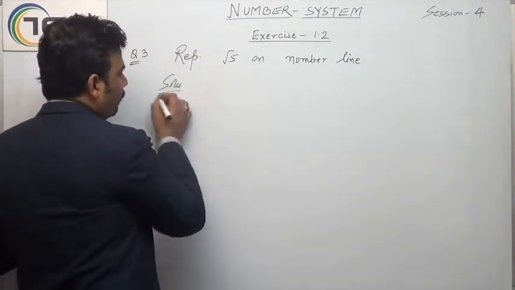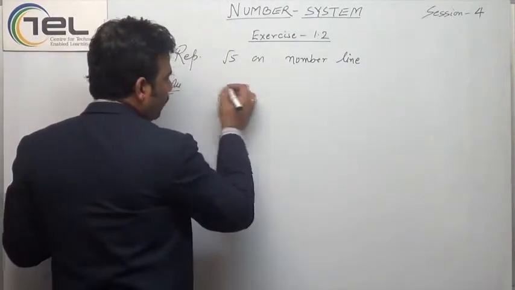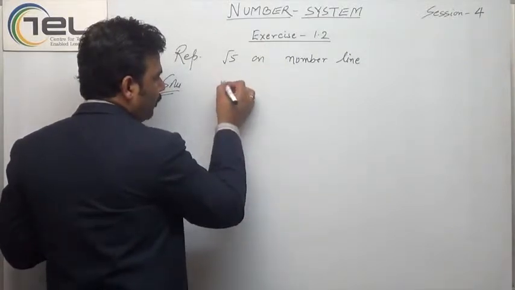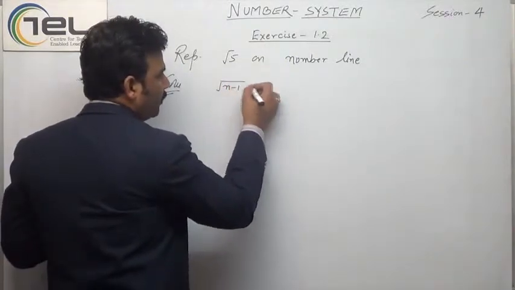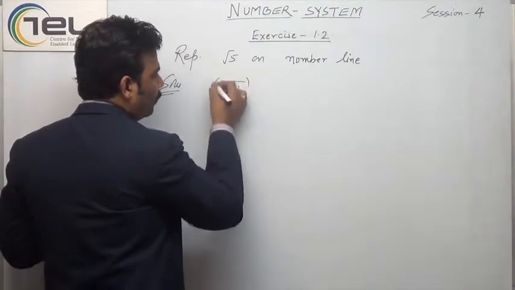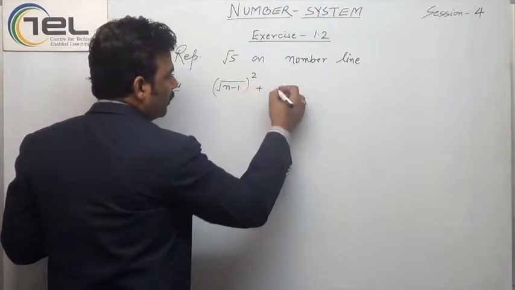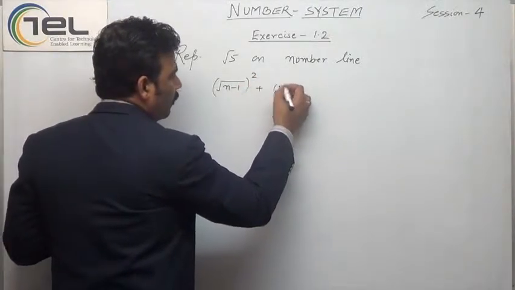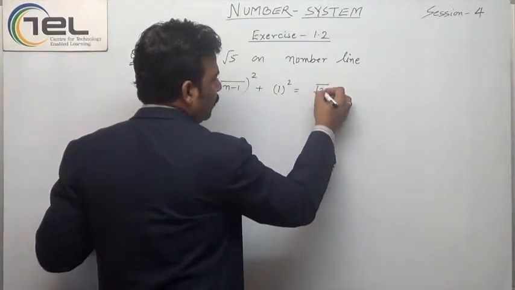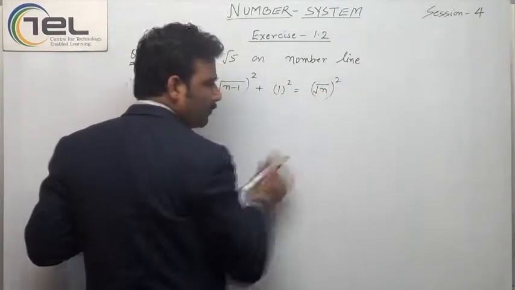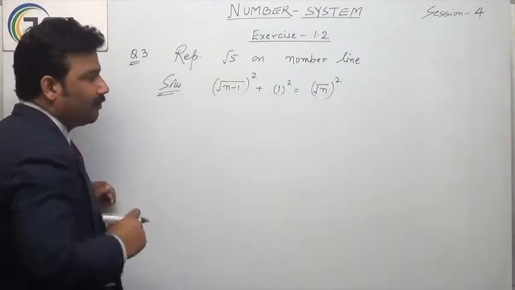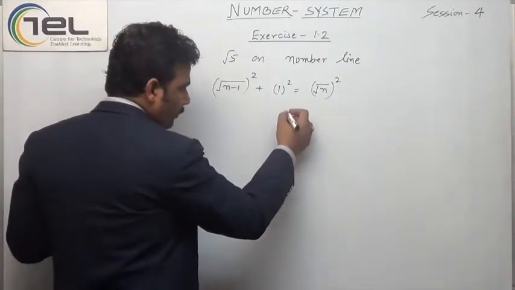The solution is very easy. We just use (n minus 1) whole square plus 1 whole square is equal to square root of n whole square. Like this we will follow. Now what is this n?